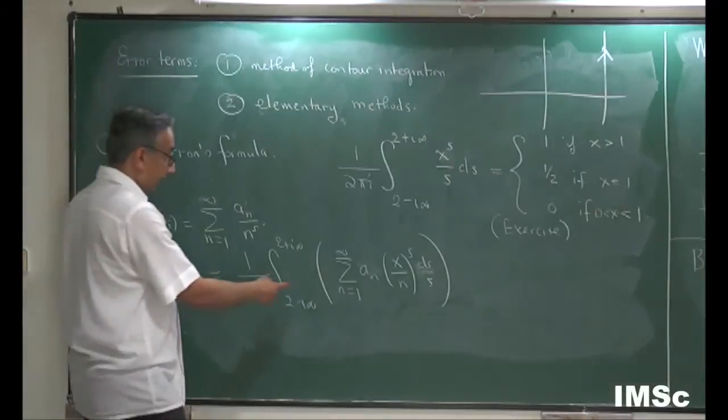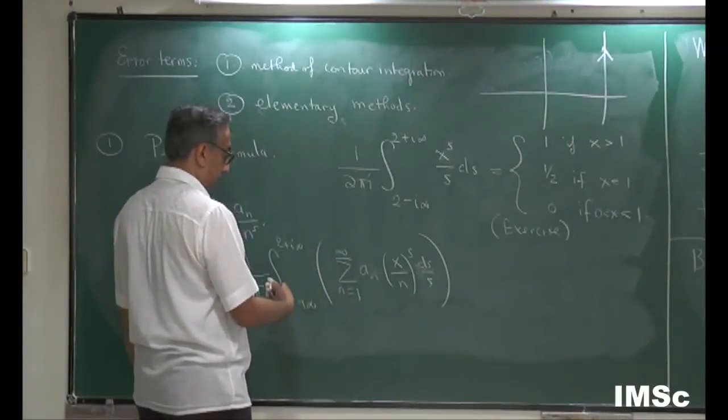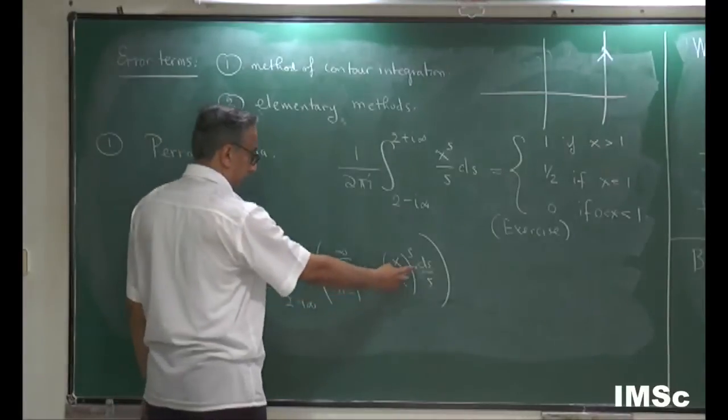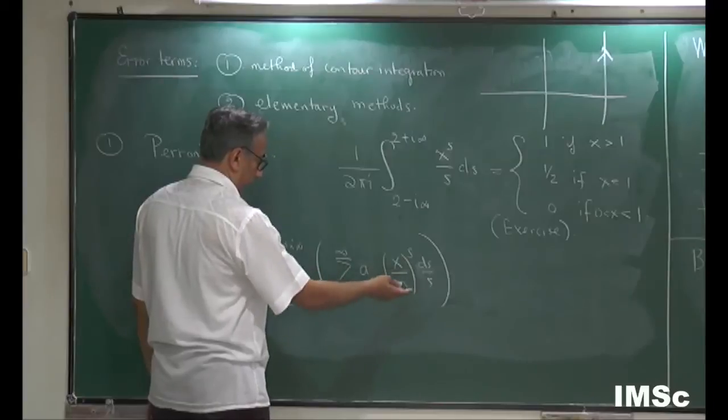Notice that if the Dirichlet series converges absolutely for real part of s bigger than 1, so I'm in the region here, real s equals 2, therefore this thing converges absolutely.